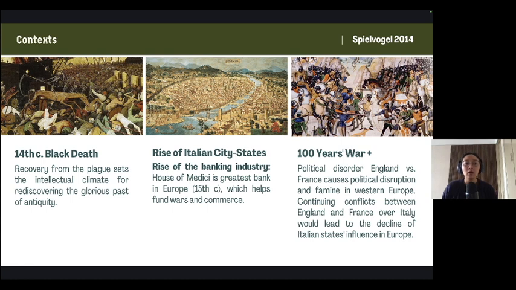So the recovery and the slow transition away from the bubonic plague actually set the intellectual climate for rediscovering the glorious past of antiquity, because now people weren't getting sick as much as they were during the Black Death. They were starting to think about what it meant to be alive and what kinds of literature, politics, and economics they should go back to in order to rebuild from that period.